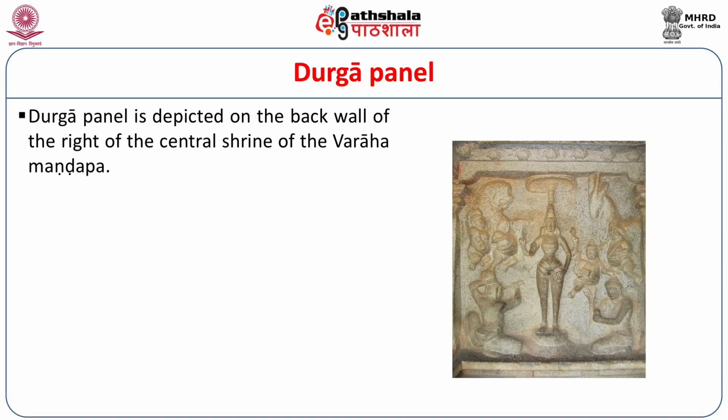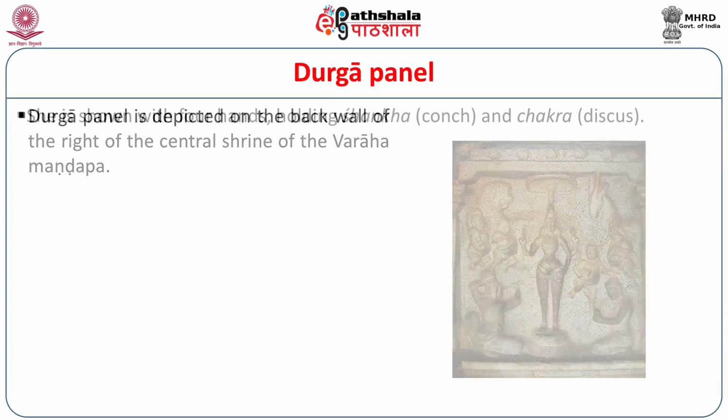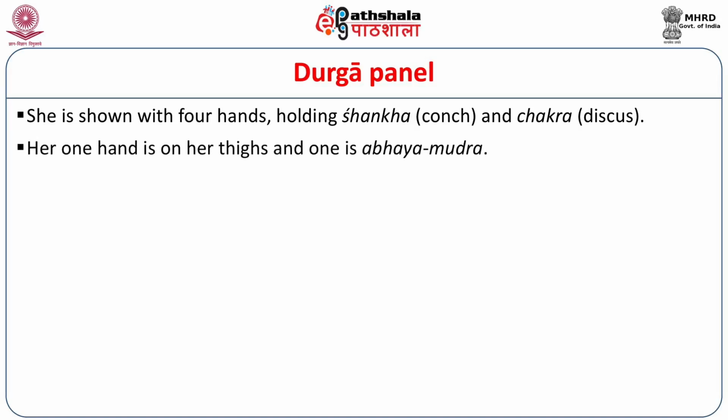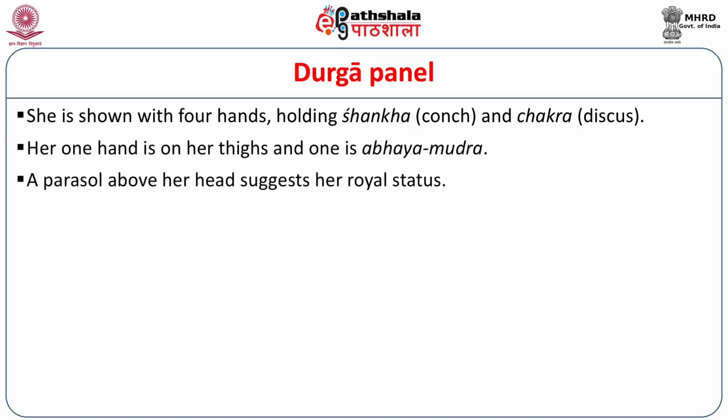To indicate she is Durga, we have a lion on the left side, and also the deer is shown on the right side. Then people are seated at her feet. She is shown with 4 hands, holding Shankha, the conch, and the Chakra, the disc. Her one hand is on her right thigh, and one is in Abhaya Mudra. The parasol above her head suggests her royal status.